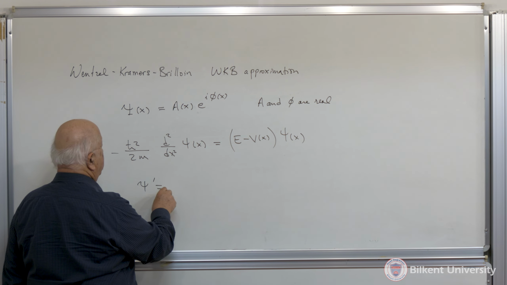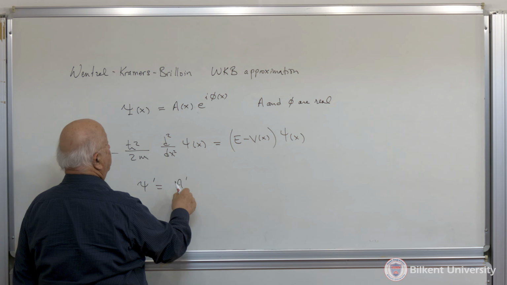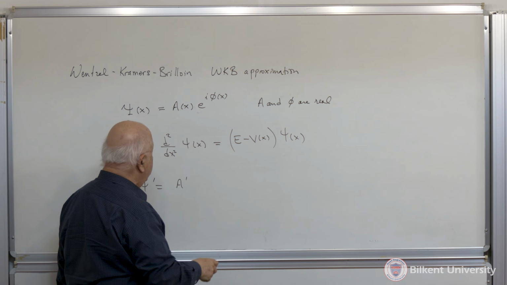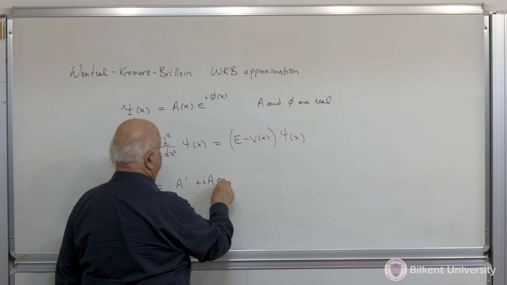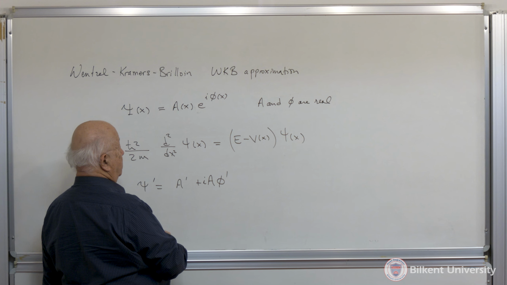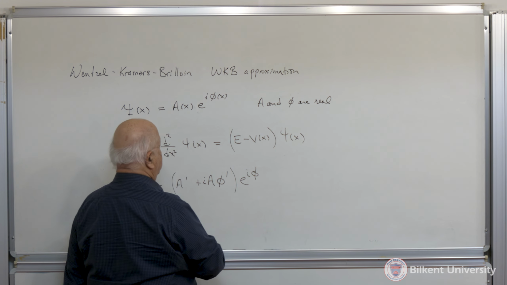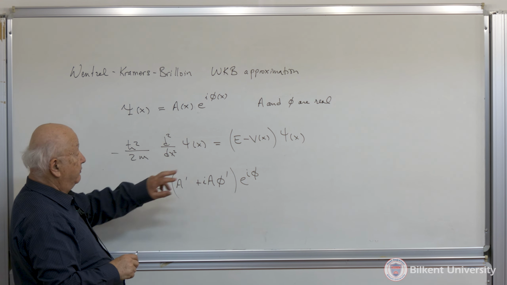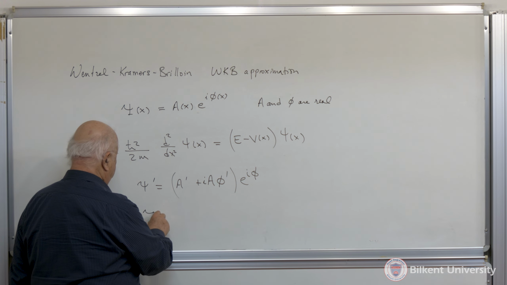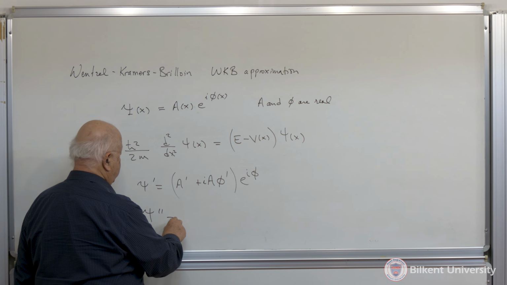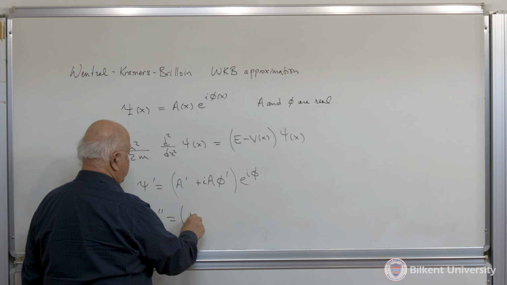So psi prime is going to be A prime times e to the i phi plus A times i phi prime, right, derivative, e to the i phi. Okay, so that's the first derivative. Now we have to evaluate a second derivative. Psi second derivative is equal to the derivative of this stuff.